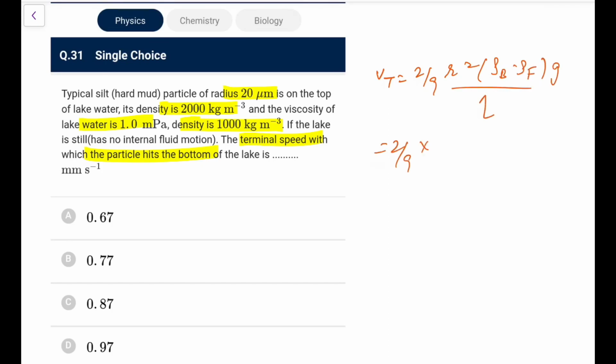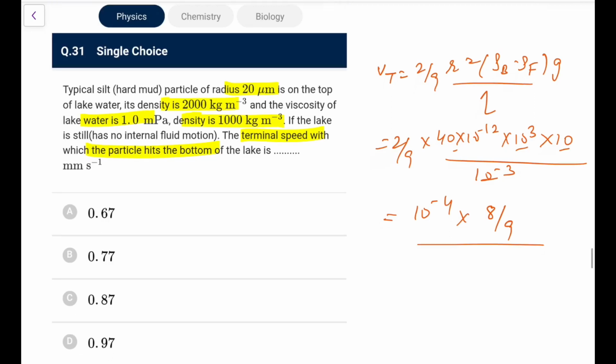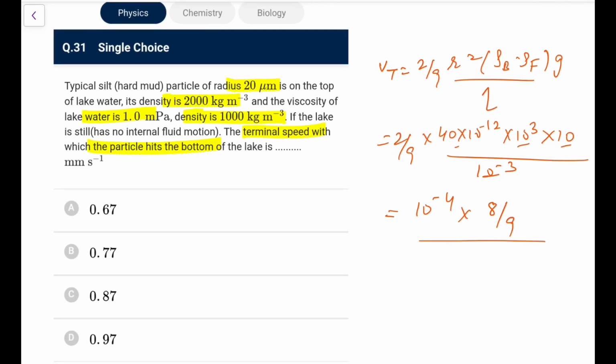So put r square, 20 means 40, into 10 to the power minus 12, rho b minus rho f is 10 to the power 3, g let's say be 10. Where is the eta? There is 1 millipascal second, so it is 10 to the power minus 3. So what we are left with is 10 to the power minus 4. This is 8 by 9, I think. So 8 by 9 into 10 to the power minus 4. Is anything that I have missed? I don't think I have missed. This is 8 by 9 into 10 to the power minus 4.